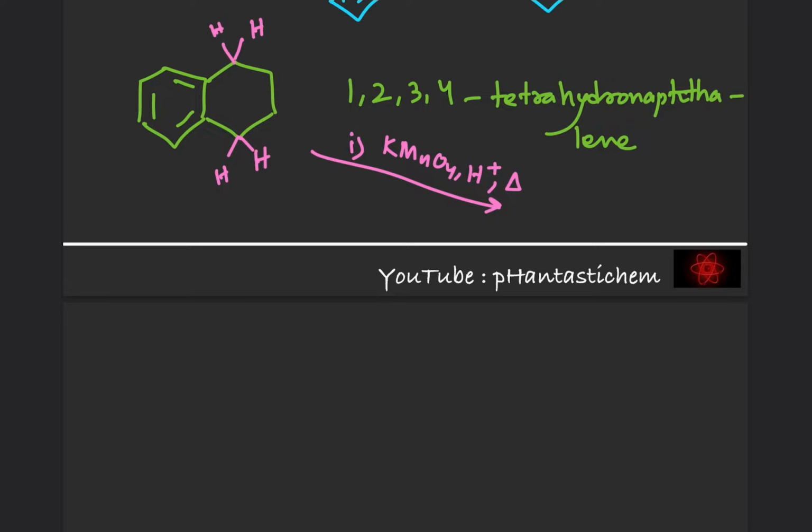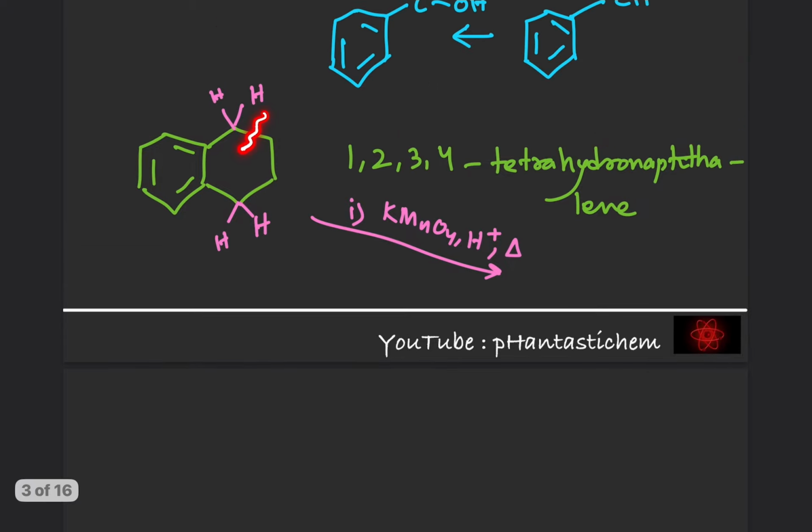So what's going to happen? Obviously the bond is going to break in these positions, and H is going to take an electron to form an H free radical, and this carbon is going to form a C free radical. Same thing happens here. So showing those like this, this is where the cleavage happens.